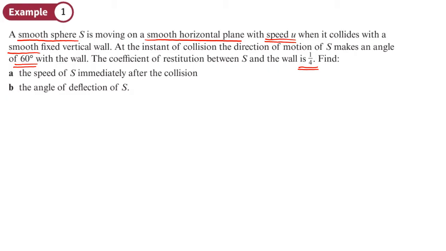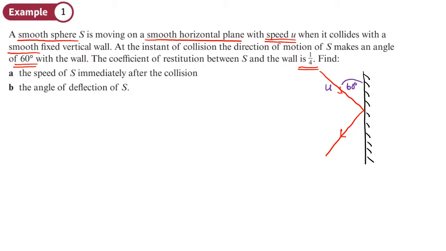So this is a vertical wall, so let's draw it as such, like this, and S collides with the wall, so it's moving this way. It makes an angle of 60 degrees, and it's moving with speed u, then it bounces off the wall like this.